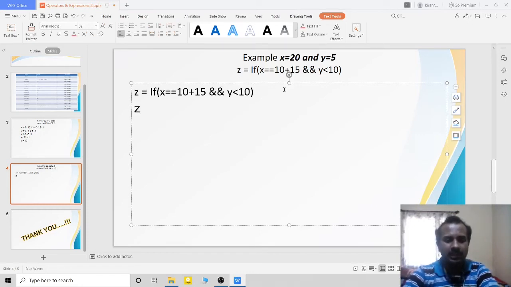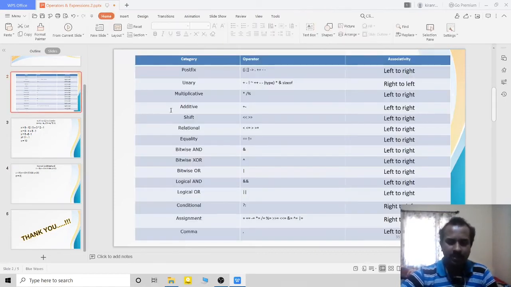Let me rewrite that: z is equal to if. Before solving it, let me check which has the highest priority, because I have double equal to, plus, logical and, and greater than. So let me check that.